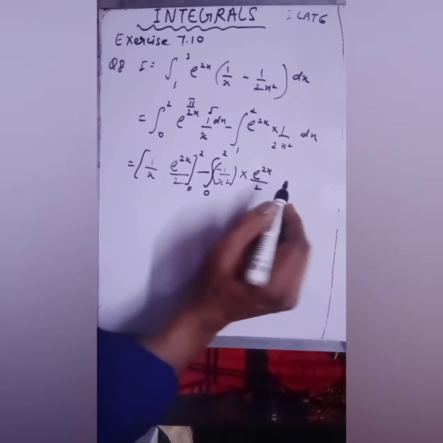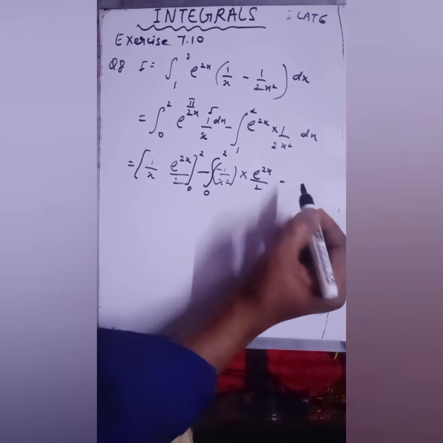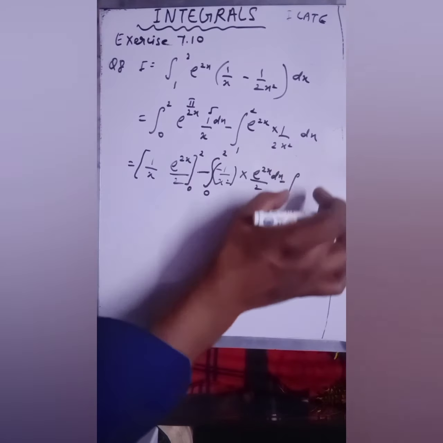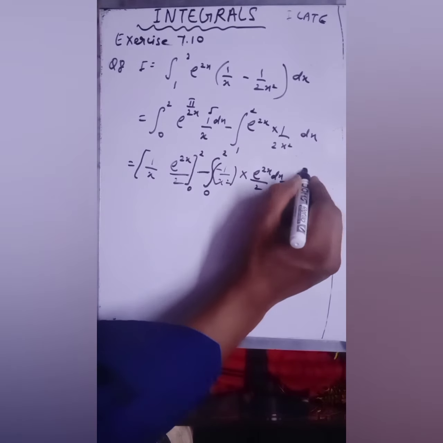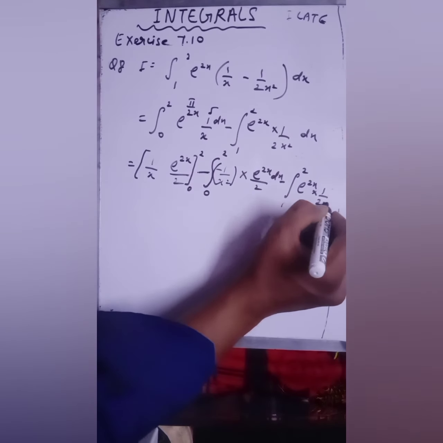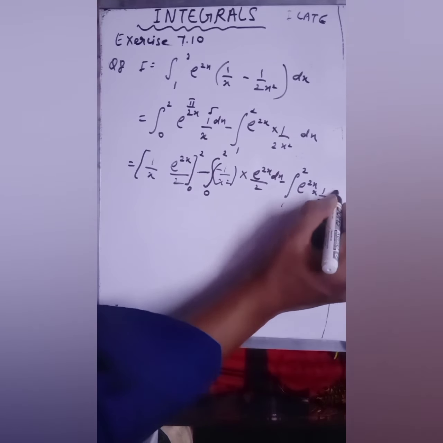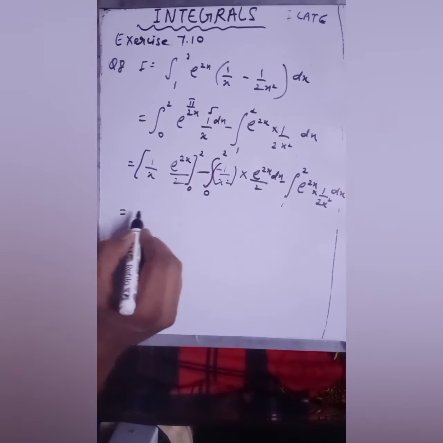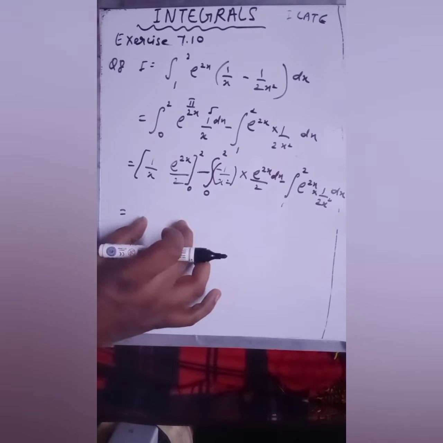And the second part, minus integration, and here dx will come, and this whole part you have to copy here, 1 by 2 e raised to power 2x into 1 by 2 x square into dx. So when you simplify this, again here I am solving it.